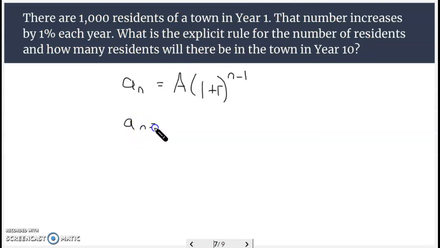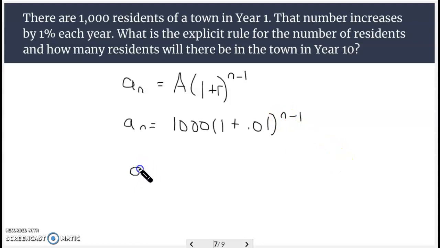Here's our explicit rule. Our initial amount is 1,000. 1 plus the rate, and we have to list the rate as a decimal, 0.01. And then we're raising that to the n minus 1 power.